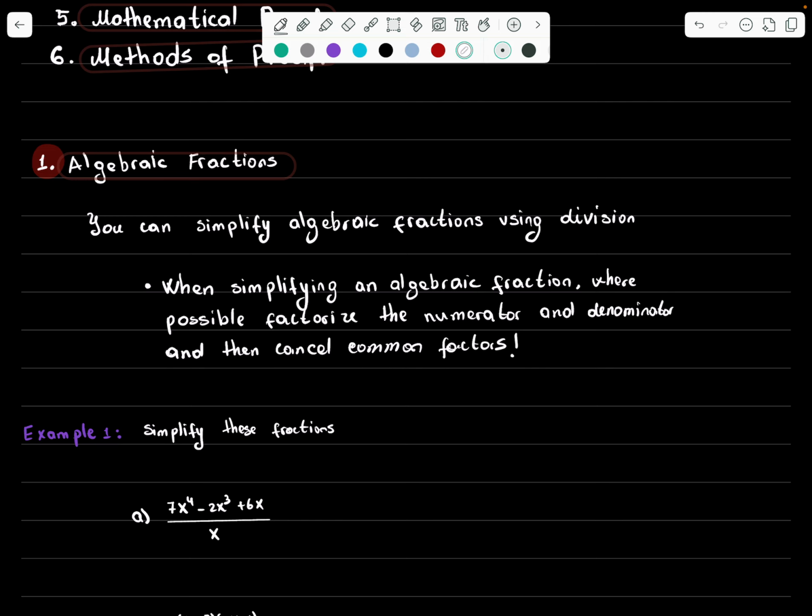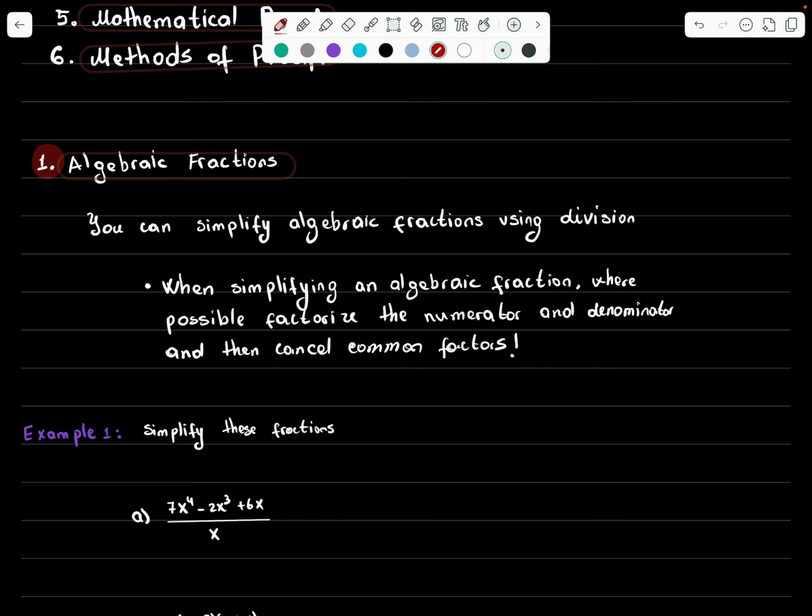So the first thing you are going to be asked is to simplify the fraction and then integrate or differentiate it or something related. So in past paper questions you might face that, which is in my other videos. Okay, anyway, you can simplify an algebraic fraction using division.